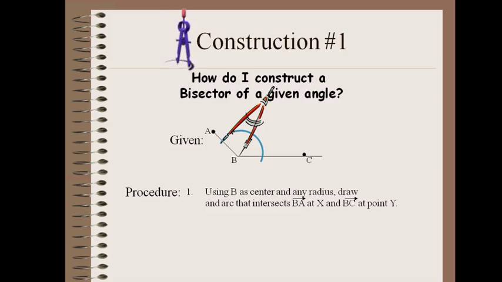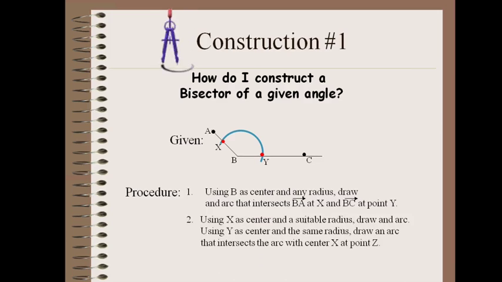Draw an arc in such a way that this arc should intersect AB and BC at two distinct points. These 2 points can be named as X and the other point can be named as Y.